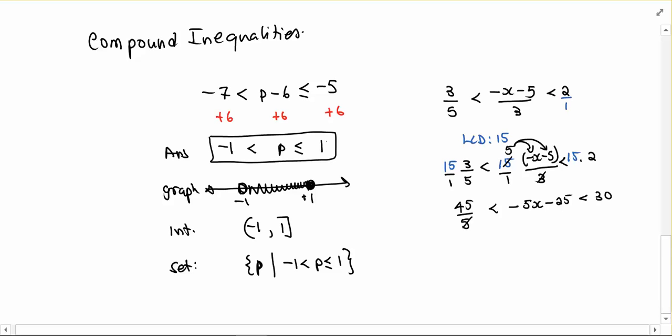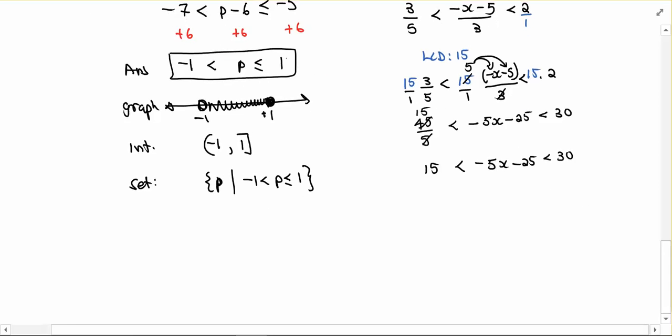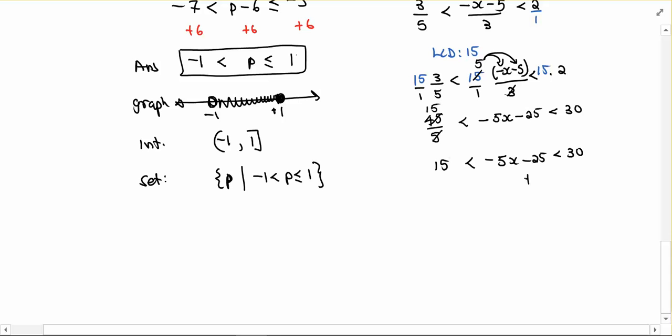And then on this one, it'll be 15 if I divide those. And I get 15 less than minus 5x minus 25 less than 30. So to get the x, I'm going to now add 25 to all sides. So that's going to give me 40 on the left, minus 5x, less than 55 on the right.